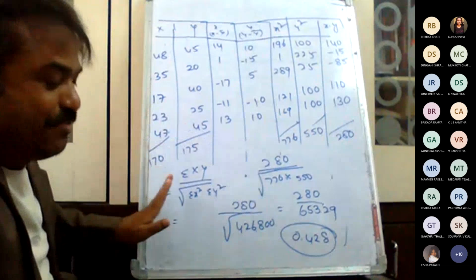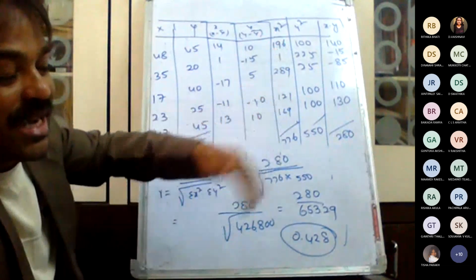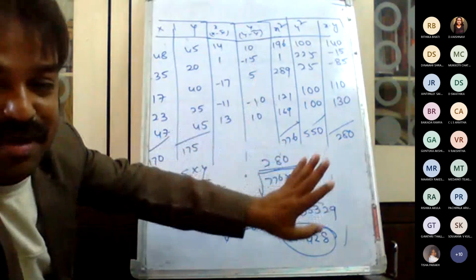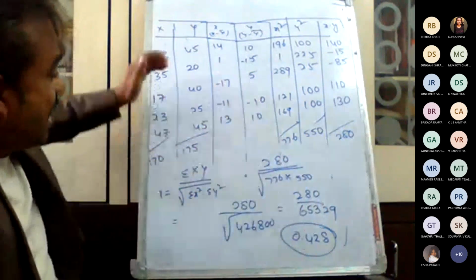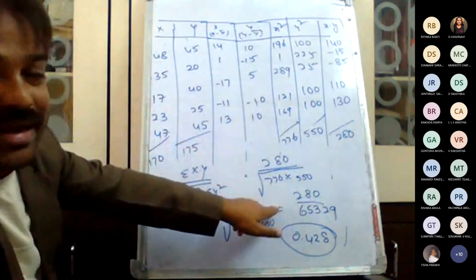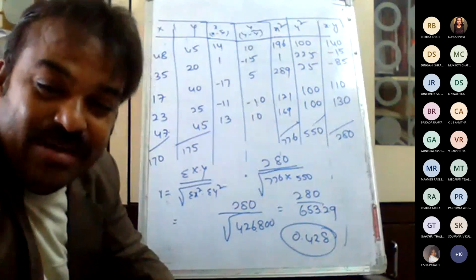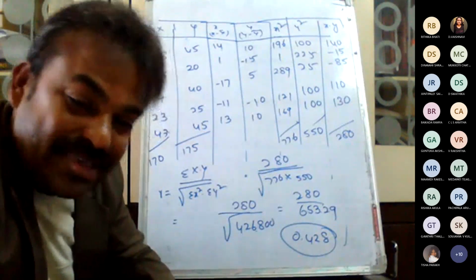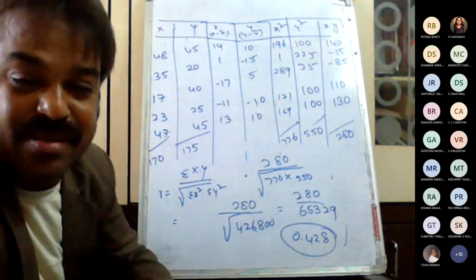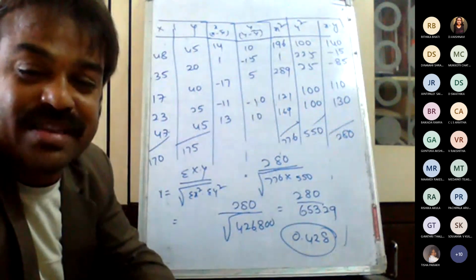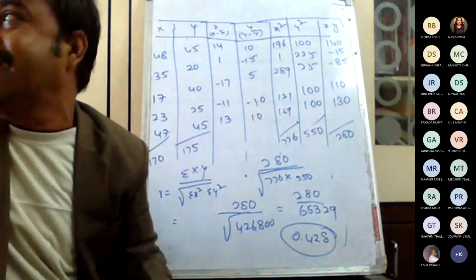If one is increasing and another is also increasing, directly you can say it is positive. Here there are ups and downs, that's why we are calculating. Orally you can tell, with the help of observation and your knowledge, whether both are increasing or decreasing the same way.